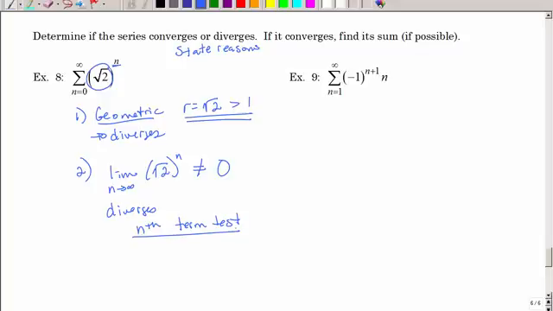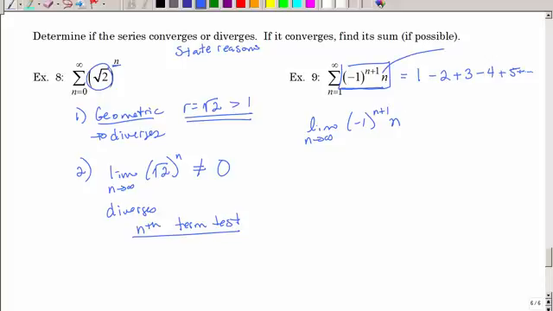Let's look at number 9. What is this? Is it telescoping? Is it geometric? What is it? Well, you could write out some terms. When n is 1, you're going to get 1. When n is 2, you're going to get -2, +3, -4, +5, and so forth. What's happening? Well, the limit as n approaches infinity of just the sequence, so just this part, what's that limit?